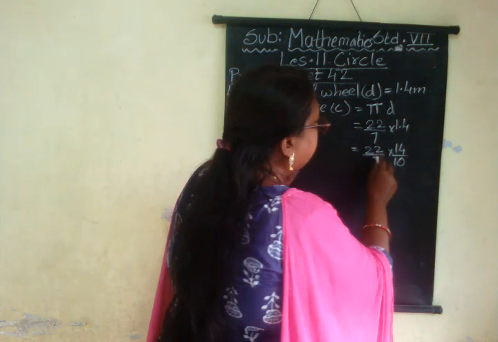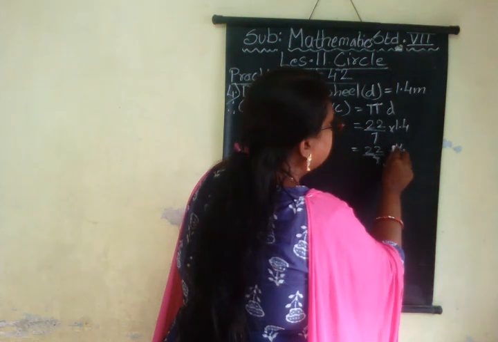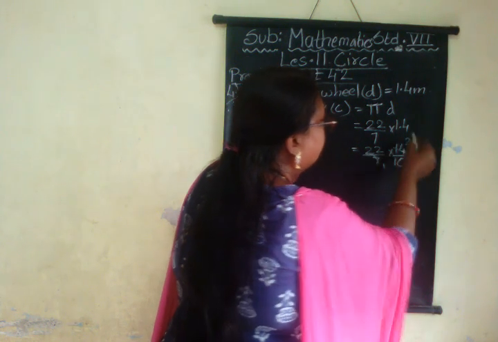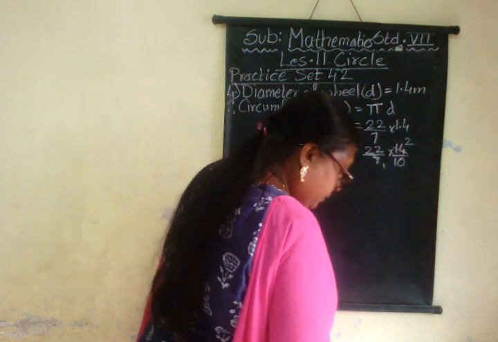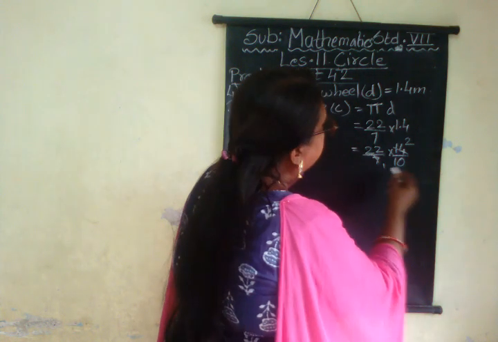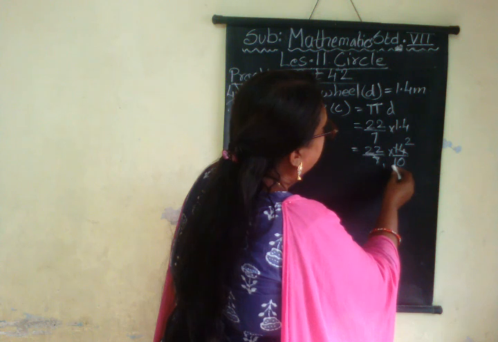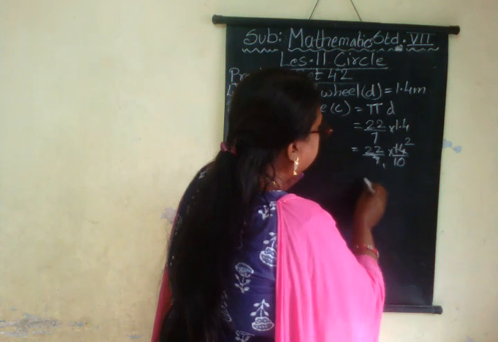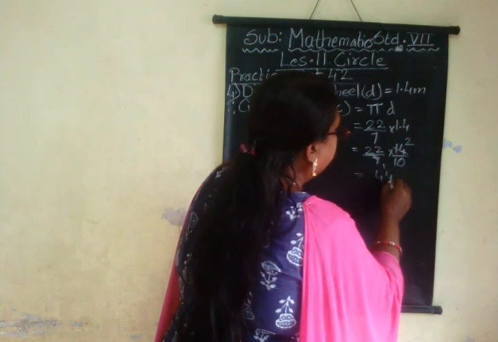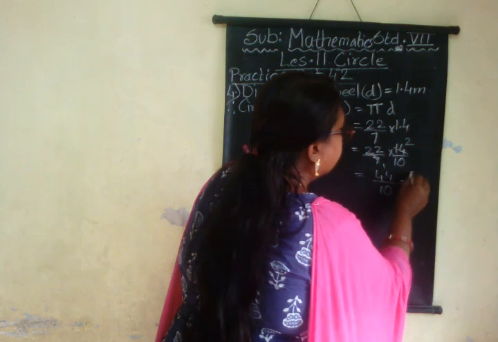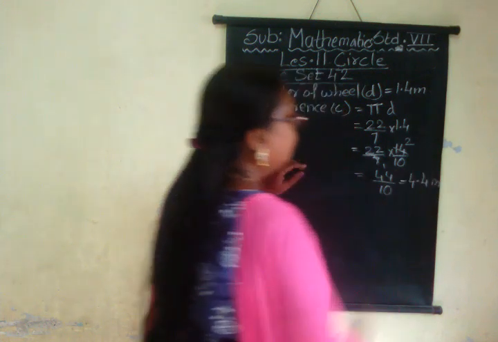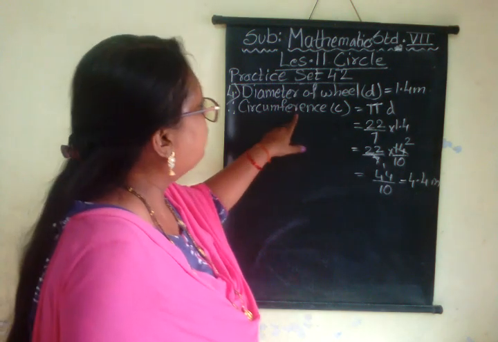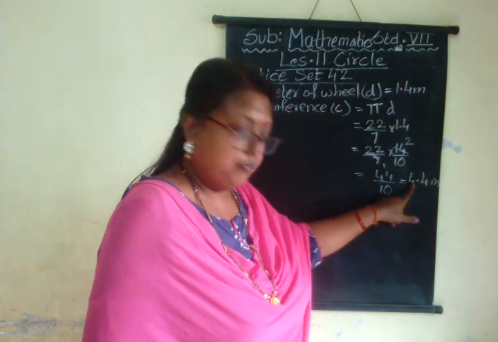So cancellation can be done. 7 ones are 7, 7 twos are 14, here can be cancelled. This gives me answer 44 upon 10, which gives me answer 4.4 meter. So circumference comes to be as 4.4 meter.